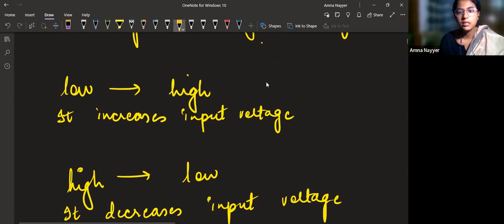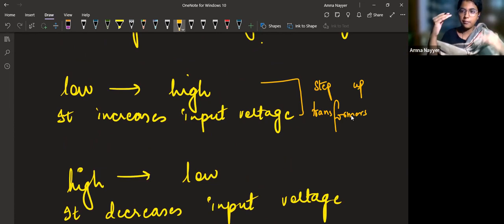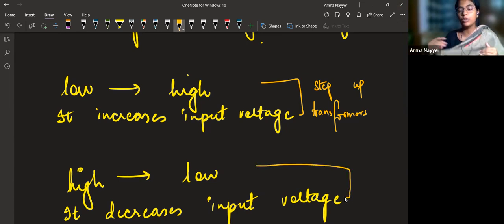These types of transformers are known as step up transformers. You are pushing something higher. Fine, step up transformers. Then again, opposite to this, you have transformers which decrease the input voltage.